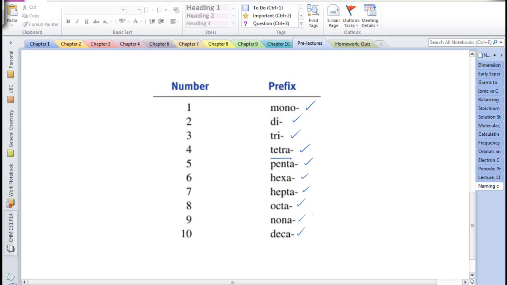So let's do a couple of examples of molecular compounds that you'll be familiar with. Let's do some easy ones. CO: carbon. We don't say monocarbon. We just have one of those for the first one. But we do have to say we have one oxygen. Monoxide. We change the ending to -ide. As opposed to carbon dioxide.